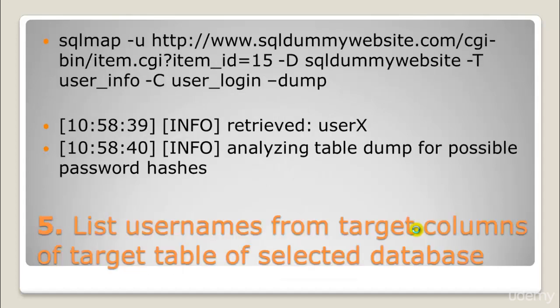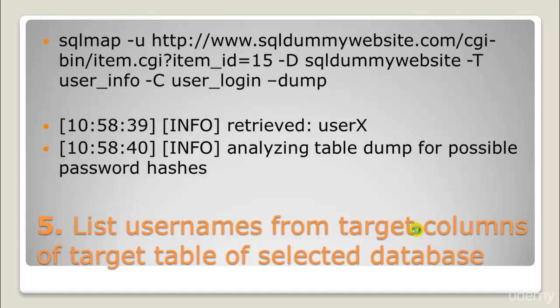The next step would be to list usernames from the target columns of the target table of the selected database using SQL map injection. SQL map makes this easy. For us to do that, we need to run this specific command: sqlmap -u and so on -D SQL dummy website -T user info -C user_login --dump.